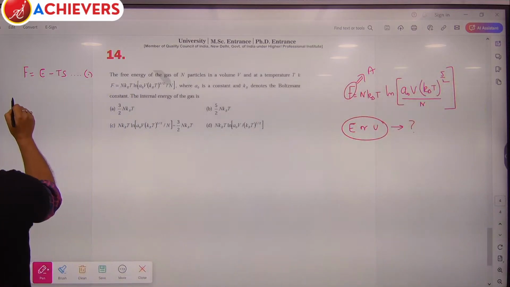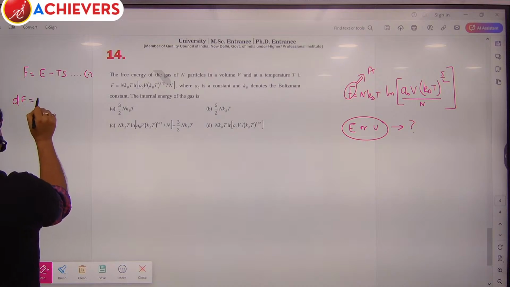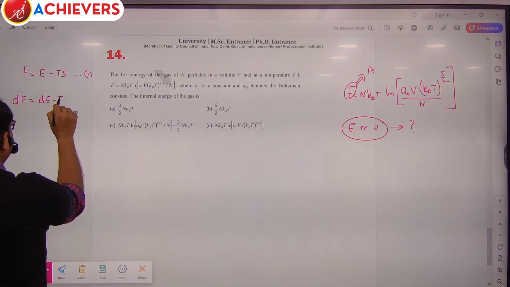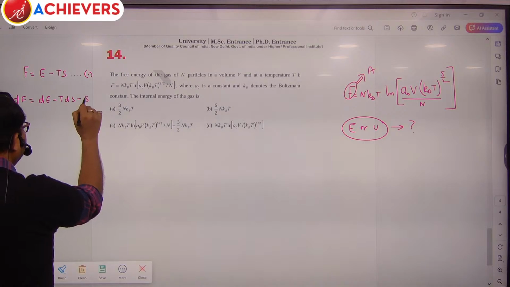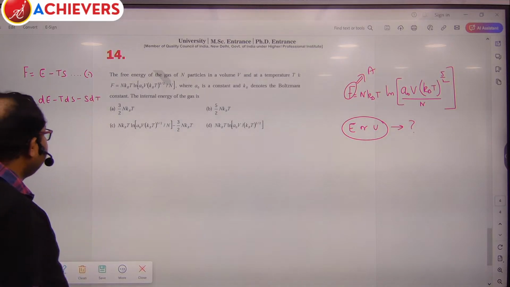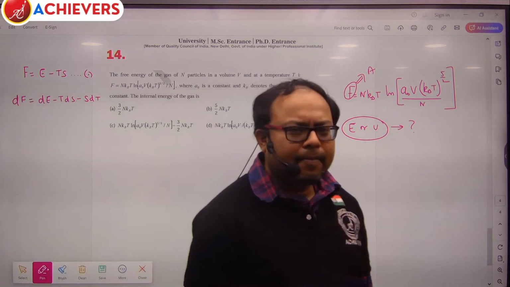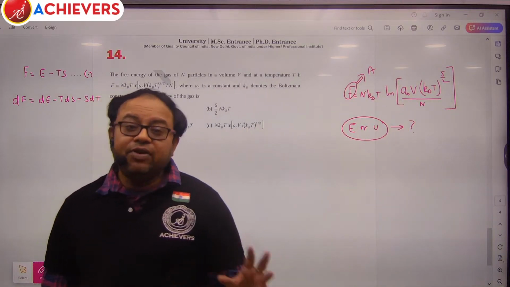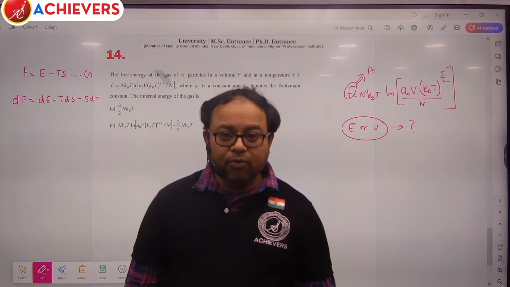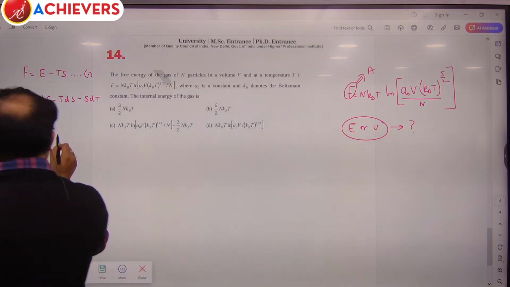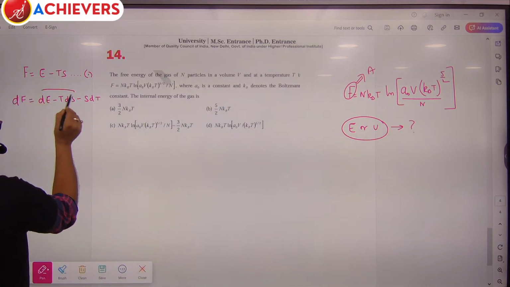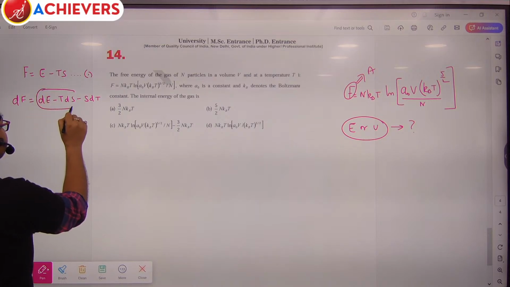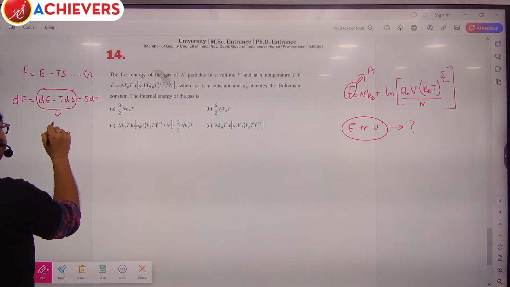And now differentiating, dF equal to dE minus TdS minus SdT. Now for any reversible process with no non-mechanical work, dE minus TdS is nothing but minus PdV.